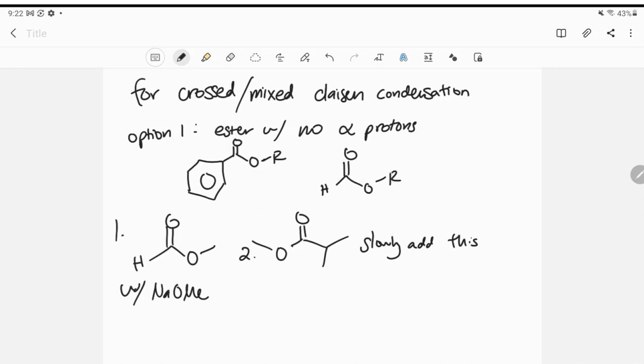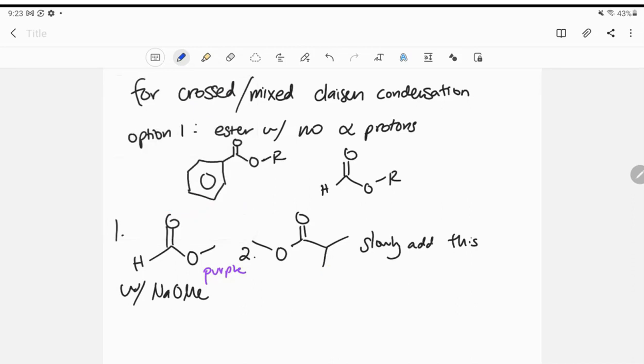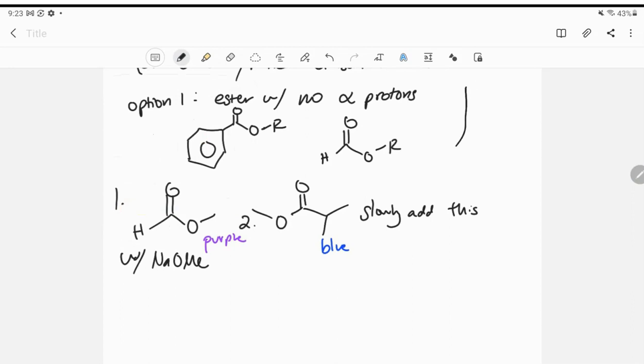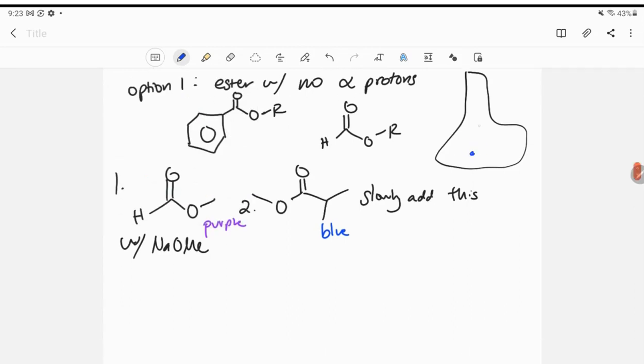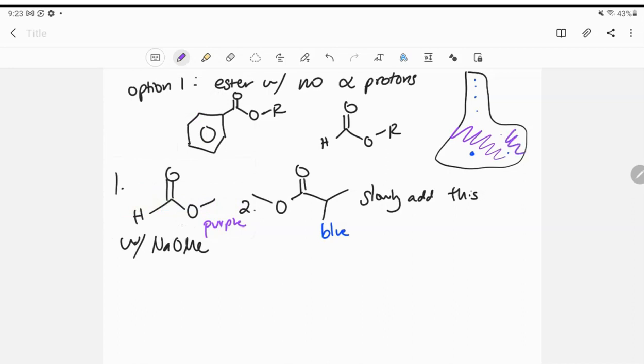And so as a result, if you imagine this one is purple, this one is blue. Here's our reaction vessel. It's a lovely Erlenmeyer, isn't it? What we're doing is if we add in drops of blue, we're going to have all of those blues in this sea of purple. So we have all the purple there, all of our formate ester with our base.